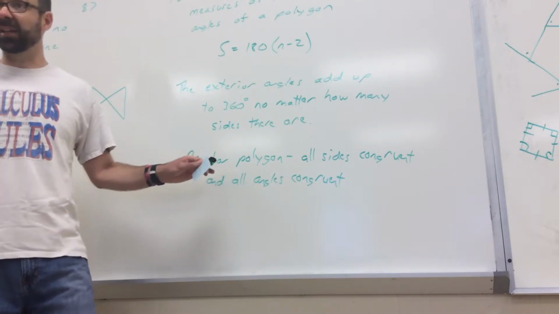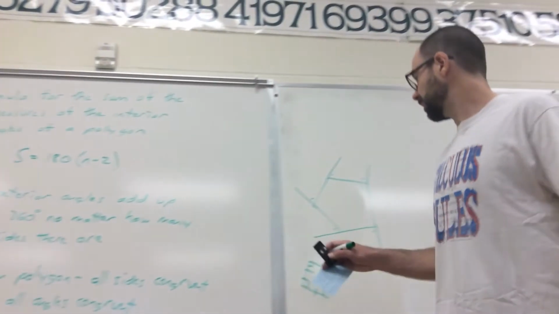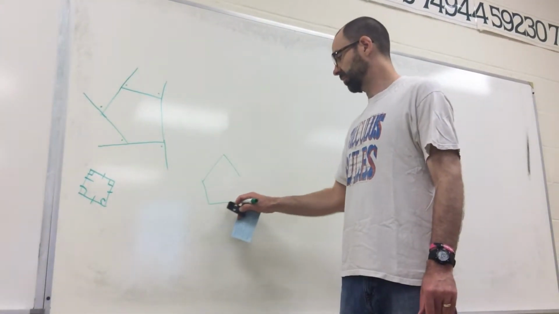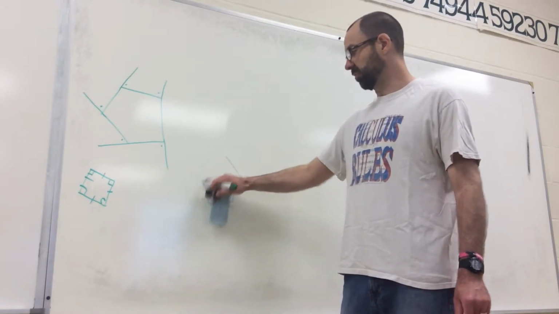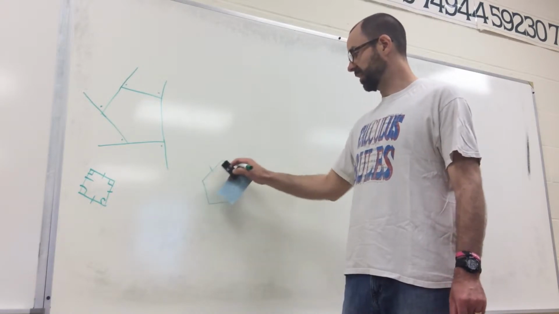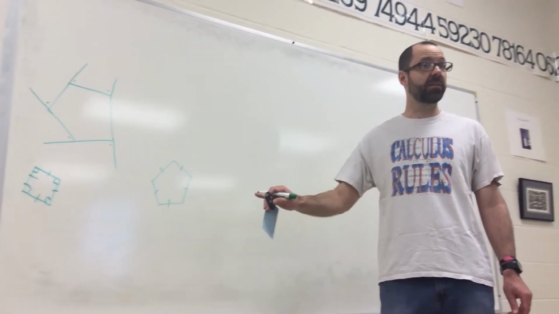So then there could be a pentagon that had all sides congruent and all angles congruent. That would look like this, I think. I don't know if I'm going to get it perfect here, but you get the idea. That's a little too tall, sorry. So all sides are congruent and all angles are congruent, so that's a regular pentagon.